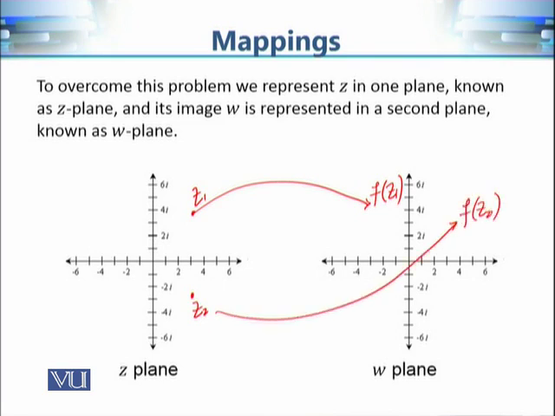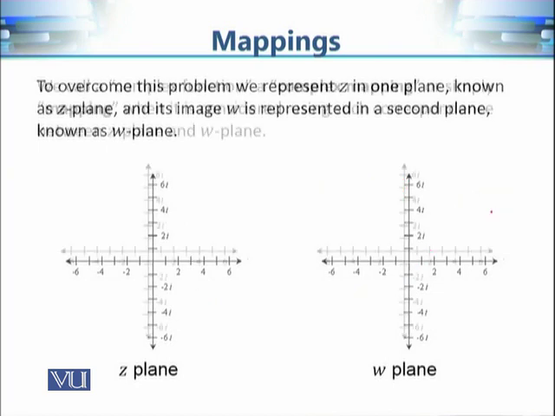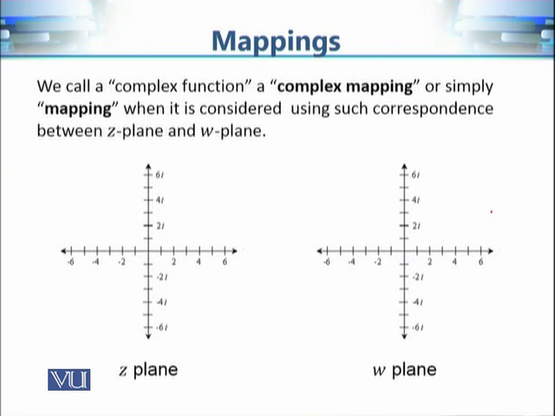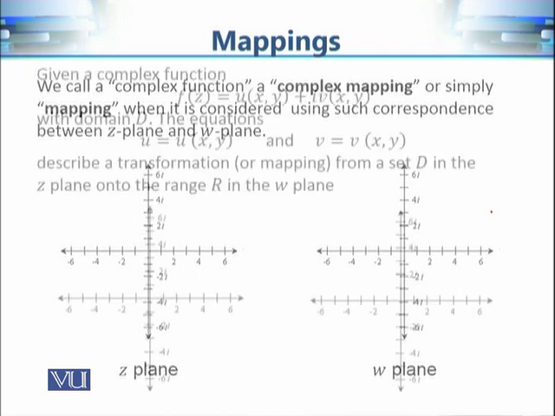So we have two different planes, one for the domain and one for the range. The domain plane is called the z plane and the range plane is called the w plane. When we consider a function using such a correspondence between two complex planes, we call complex functions complex mappings, or just mappings.